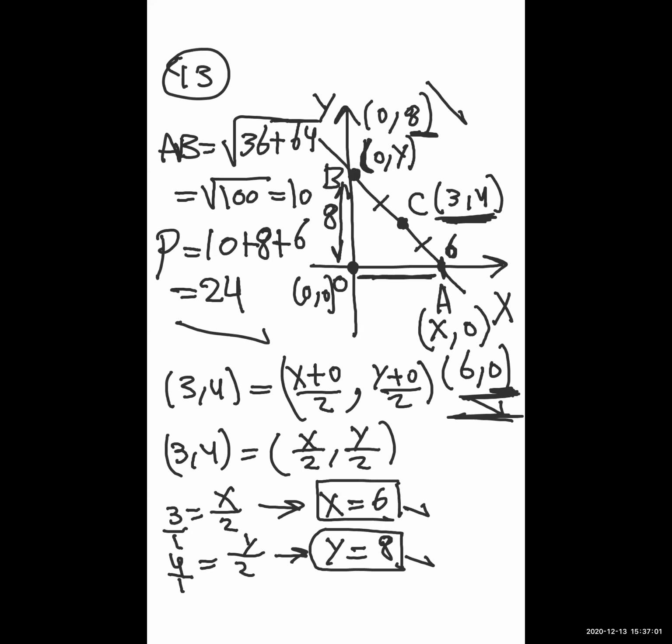Let's solve the last question in this exercise, which is question number 26. So question 26, guys. ABCD is a trapezium in which BC equals twice AD.